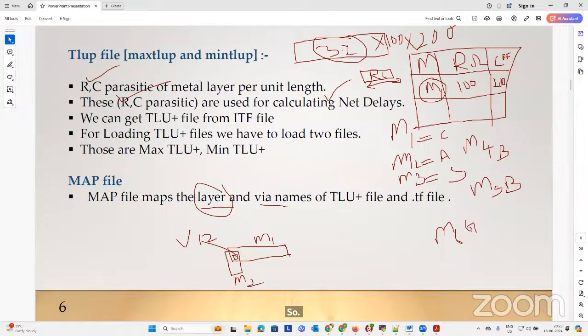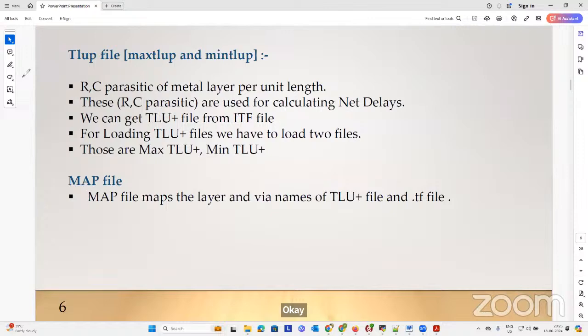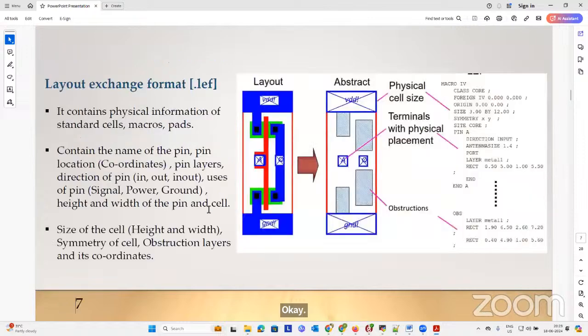Okay, we'll proceed further. Next. These all are input files for our floor plan. So next is the library exchange format.